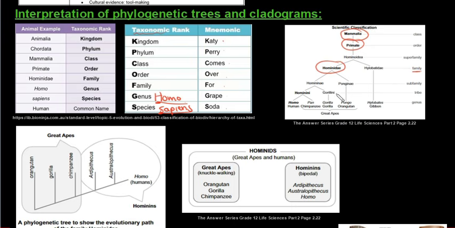So that's just the basics of it. So just to understand and clarify, hominids are great apes and humans, and then those are further divided into great apes and then hominins, specifically, which is then Ardipithecus, Australopithecus, and Homo genera, and we'll look at those in more detail in another video.